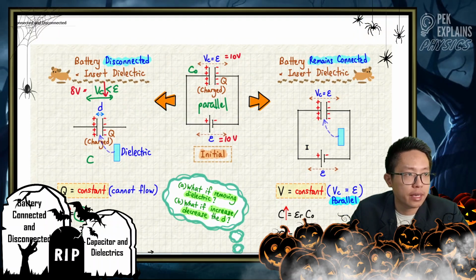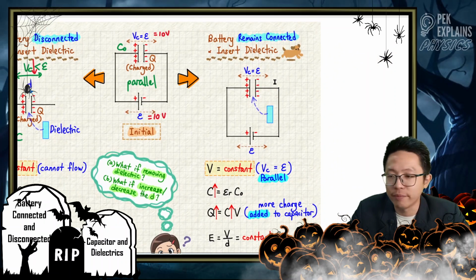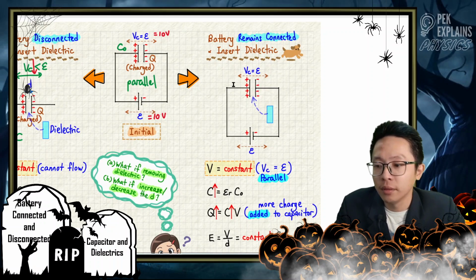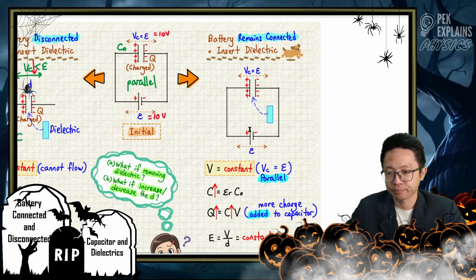Now, let's talk about what happens if the battery remains connected. If the battery remains connected, that means you don't remove the battery; it is still connected to the capacitor. While the battery is still connected, you insert a dielectric. What will happen?